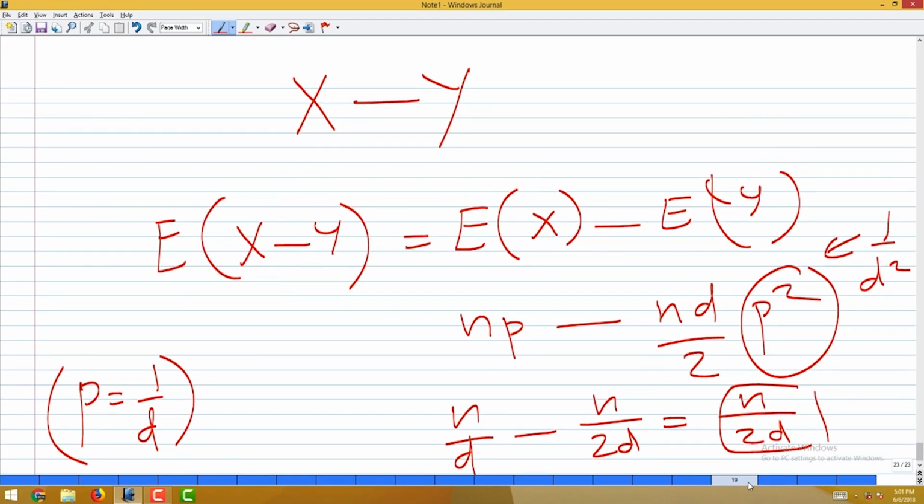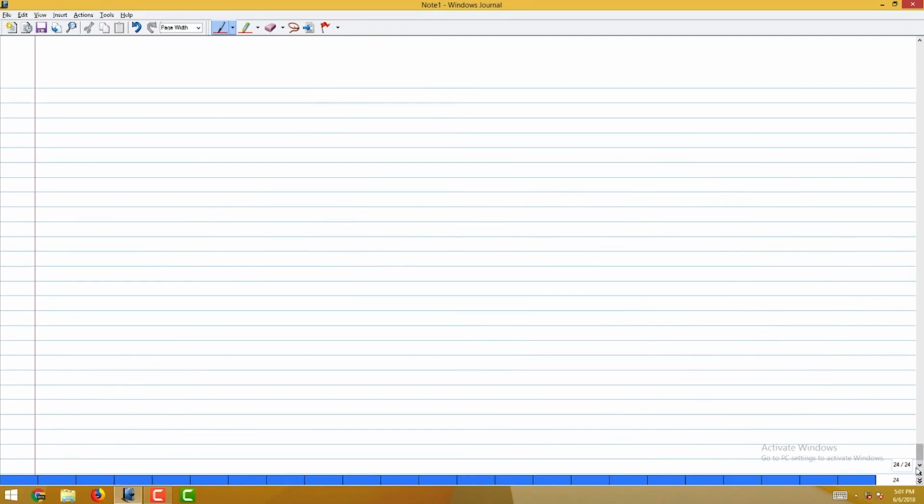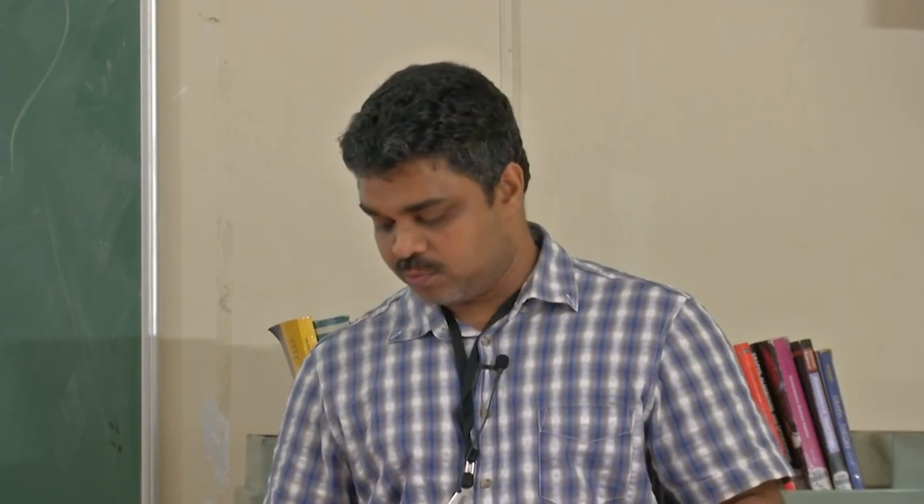So, there exists a selection of vertices, when you do this picking of set x, where the value of x minus y is n by 2d or more. So, that is good. Then you take that selection, and you know the number of edges is only y.